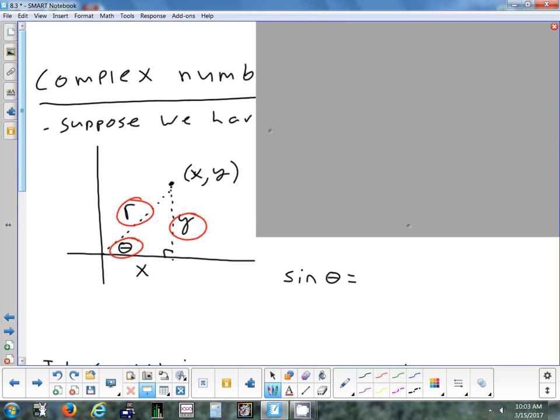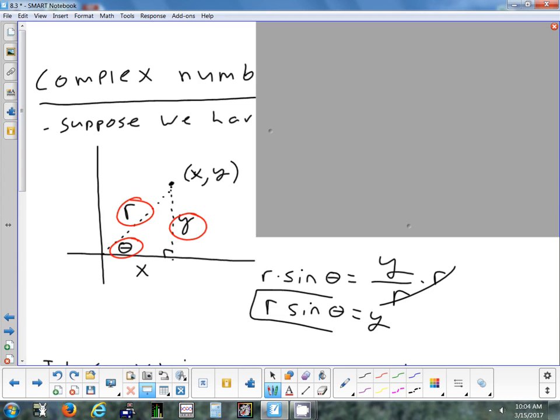Sine of theta equals opposite over hypotenuse. And now I want to get y by itself. So how would I get y by itself there? Multiply by r. Now what I've just done is I created a formula for y. r sine theta equals y.